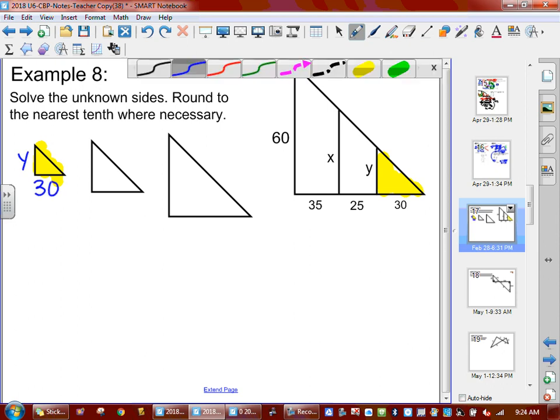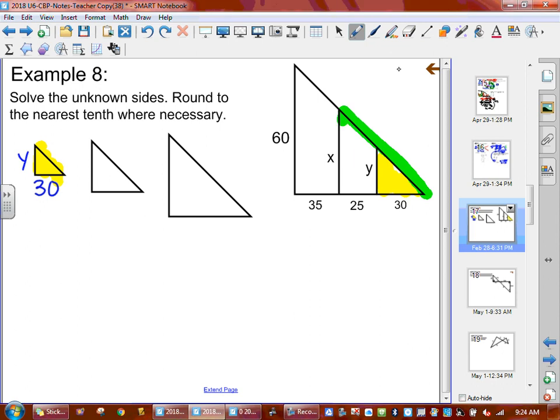Now I'm going to do my green triangle. My green triangle is this one. For my green triangle, I need an X, and on the bottom, I have 25 plus 30. You have to add the numbers together to get that full bottom leg. So 25 plus 30 is 55 for that guy.